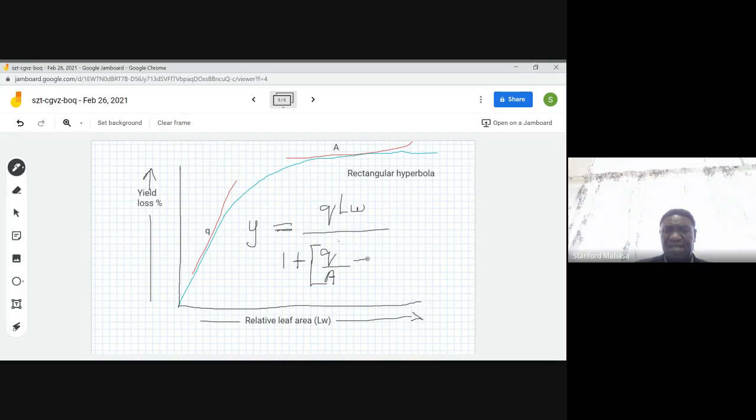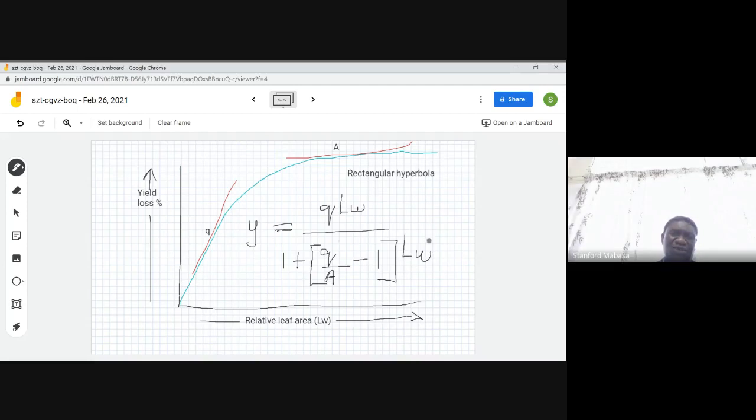Then they subtracted 1. Then everything is in brackets. Then this whole term, Q over A, which is the slope, divided by maximum yield loss minus 1, or in brackets, again multiplied by relative leaf area.